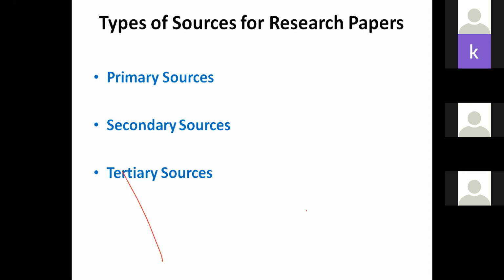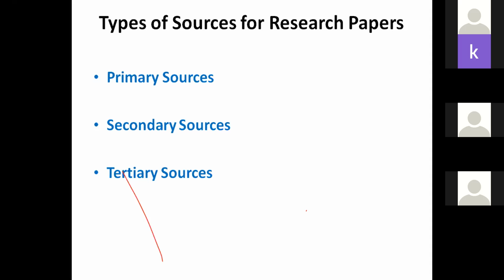Secondary means these are the sources that describe or analyze primary sources. It includes reference material along with books and other articles. And this reference material can be an encyclopedia, it can be any textbook, it can be a dictionary. And then finally comes tertiary sources.